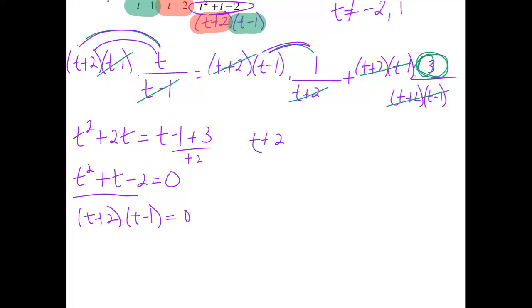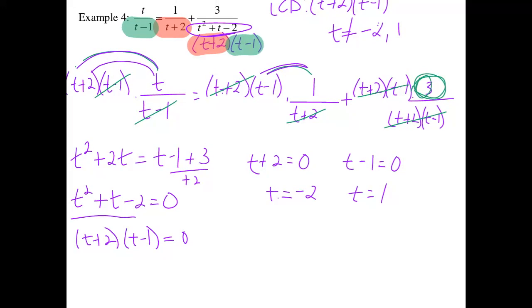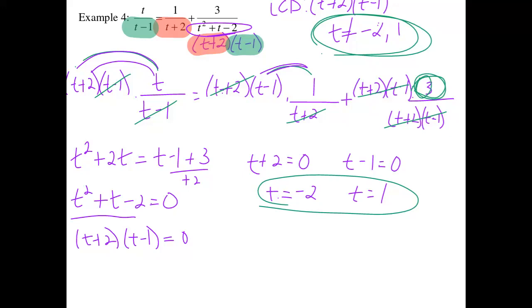If I tear it apart and set each of them equal to 0, what are the two so-called solutions I'm going to get? Well, here I'll get negative 2. Here I'll get positive 1, but if we move this up a little bit, here's our excluded values. What do we notice about these? They're identical because the factors were identical and we set it equal to 0 both times.